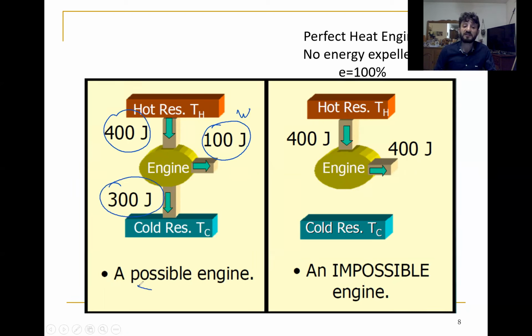This is a possible engine. Here we have an impossible engine where Q cold is 0. This is a perfect heat engine, no energy expelled, so we have 100% efficiency, but this one is impossible.